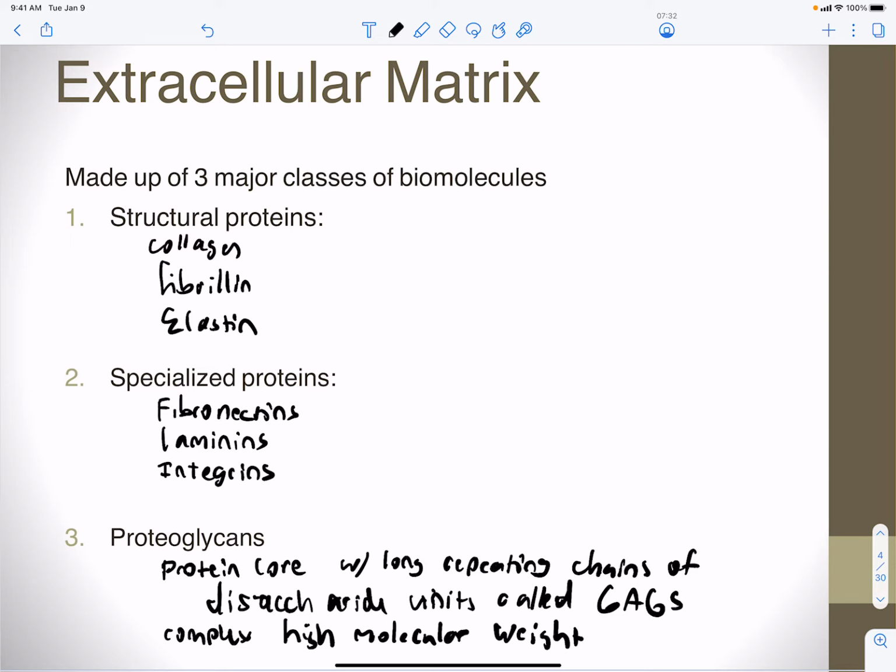Now, the important thing about the extracellular matrix is often it's thought about as a glue that holds things together, but it is actually very important in filtrating and also keeping cells in their proper locations and proper organizations.